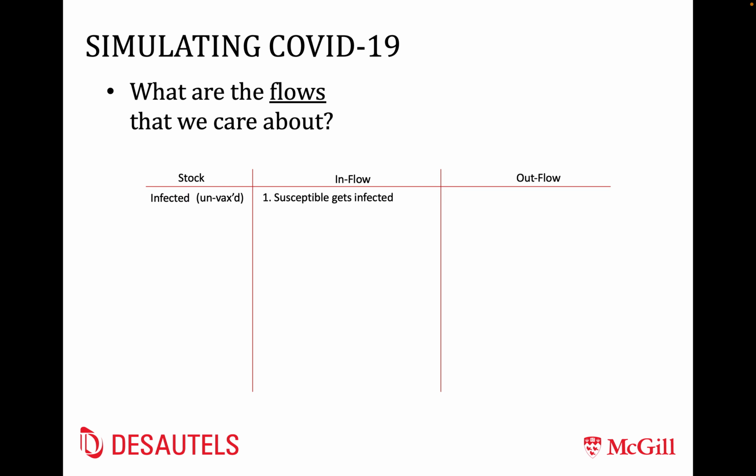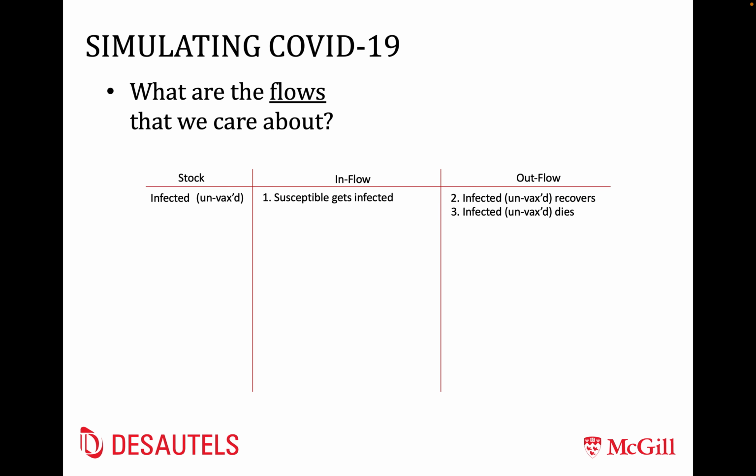Well, I think the most common, a sort of major inflow is that someone who is susceptible to COVID gets infected and is now infected with COVID, right? So a susceptible person comes into the infected stock. So this is an inflow. Can anyone think of any outflows? Well, a pretty important one here would be that an infected individual recovers from COVID, right?